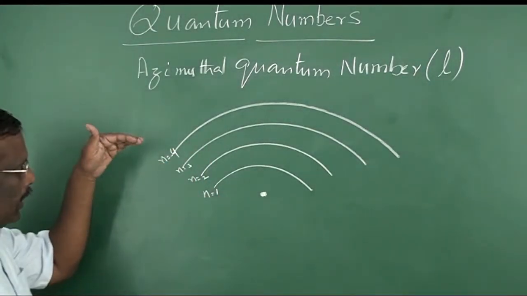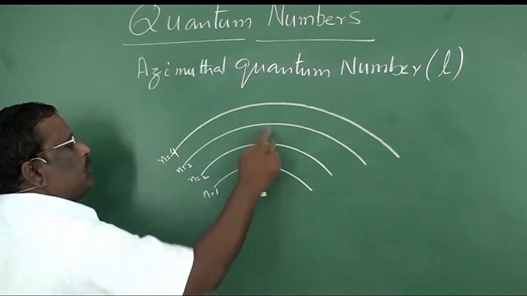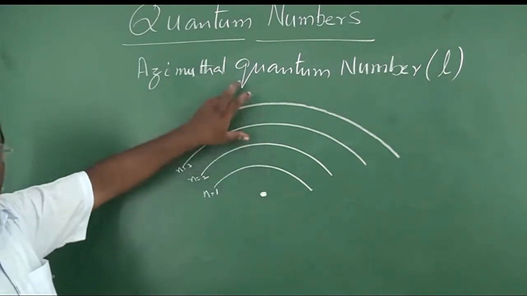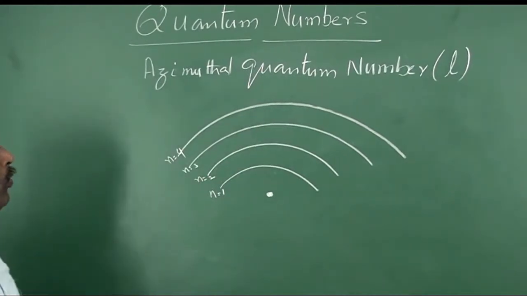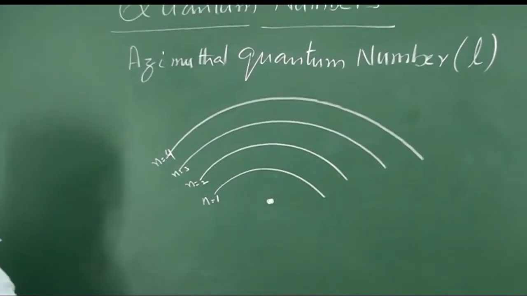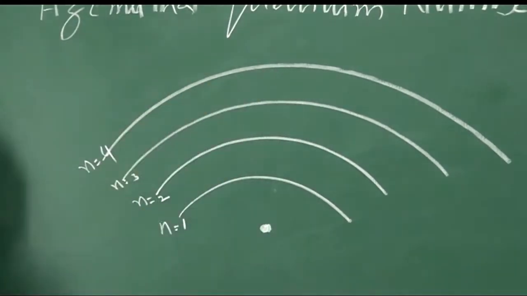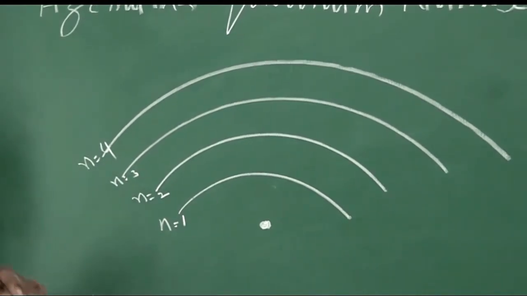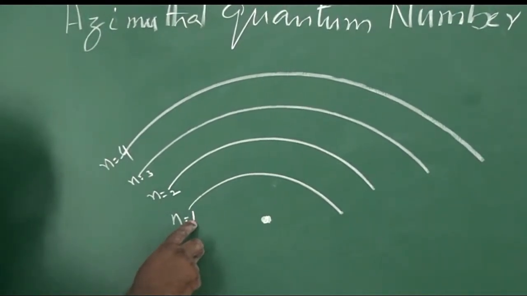This was the proposal of Bohr: at a specific distance from the nucleus we have some energy levels. Now Sommerfeld proposes that each main energy level will have some sub-energy levels. The number of sub-energy levels present in a given main energy level will be equal to n.